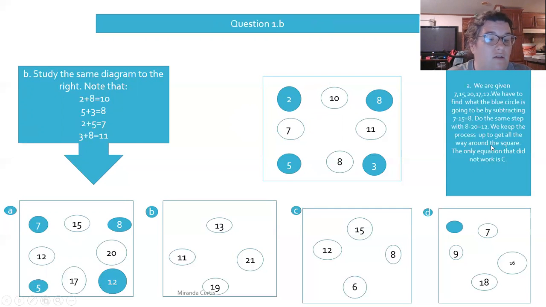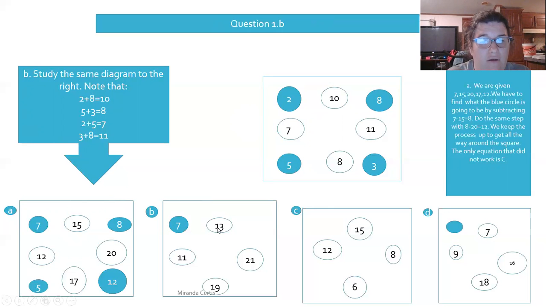So 12 plus 5 equals 17. And if you subtract either, that's what you're going to get. 5 plus 7 equals 12. I've already done the math, I'm just double checking. So A is solved, and we got it all the way around, and that's how we do our addition square.